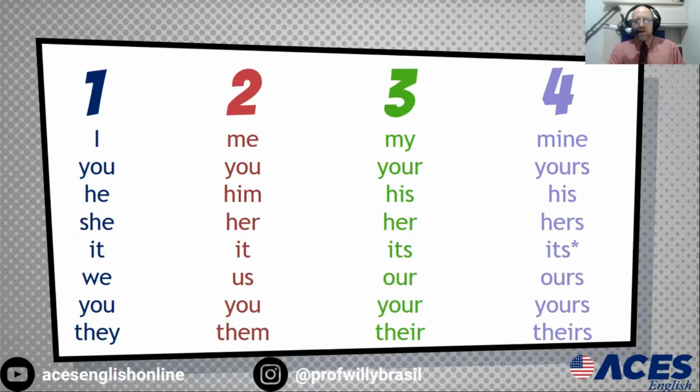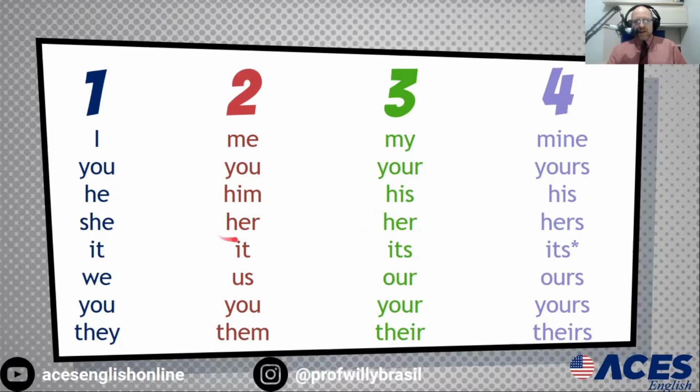That car is mine. Whose car is that? De quem é aquele carro? That car is hers, instead of saying that car is her car. Okay. Or I can say it's hers, even. I can just say it's hers. É dela. So sometimes we have confusion here because of her and her.